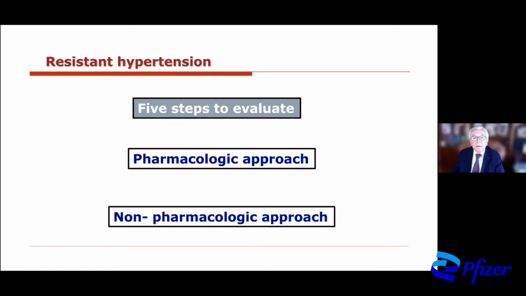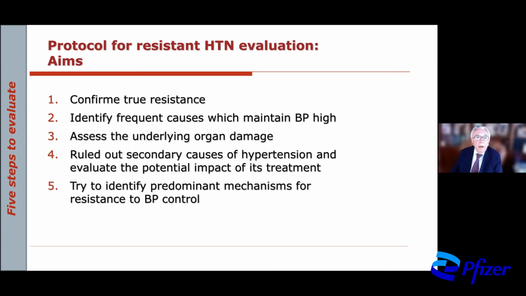With this insight, in my talk, I am going to speak about 3 points. The first is 5 steps to evaluate resistant hypertension. The second one is the pharmacological approach, and I will also touch on the non-pharmacological approach. Considering the 5 steps to evaluate, we need to confirm true resistance. We need to identify the frequent causes which maintain blood pressure high and will be easy to take out.